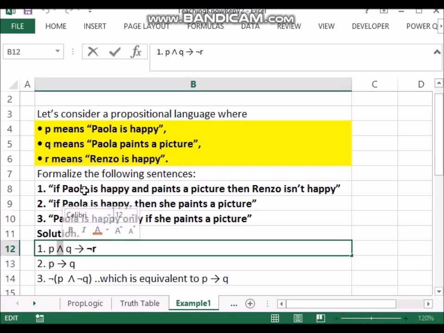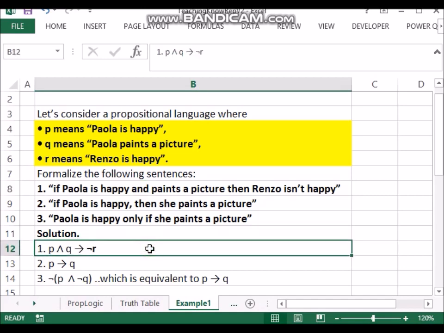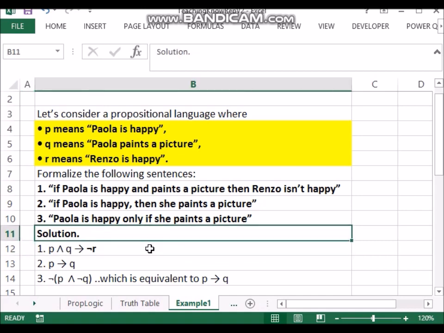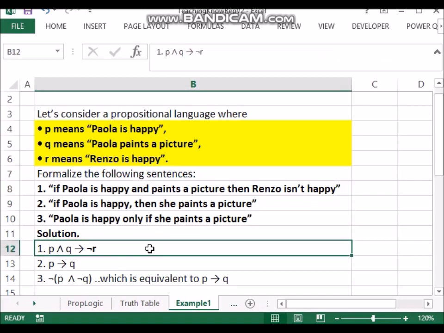So we have taken two statements, Paula is happy and paints a picture, and basically put P and Q. This arrow basically means implies or then. So P and Q implies not R. And this is the answer to formalizing this sentence. We have a very simple way of doing it.